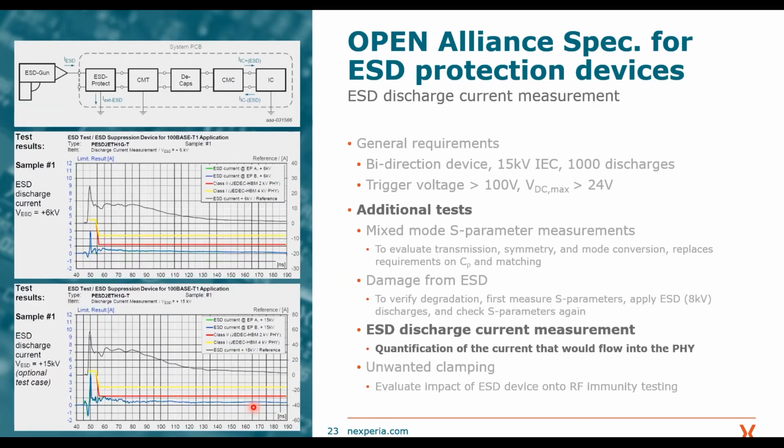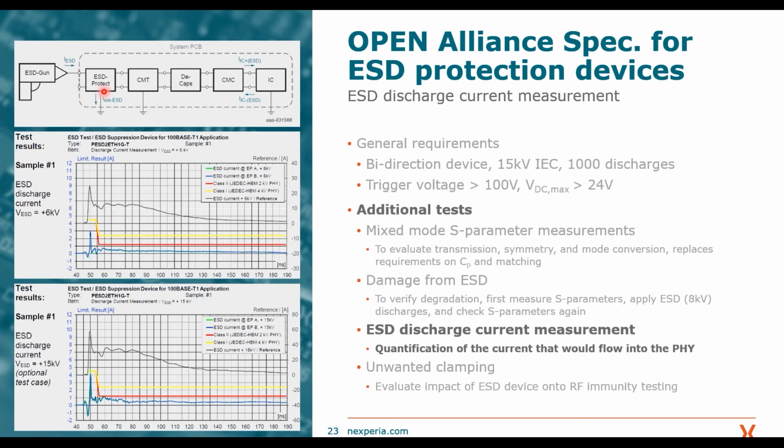The next test is the ESD discharge current measurement, and this is also very interesting because you might remember this Ethernet topology, where the Ethernet network contains the PHY itself, so the IC, the common mode termination, decaps, common mode chokes, and also the ESD protection, which is placed close to the connector, as in the recommendation of the Open Alliance, and we shoot with the gun on the differential lines.